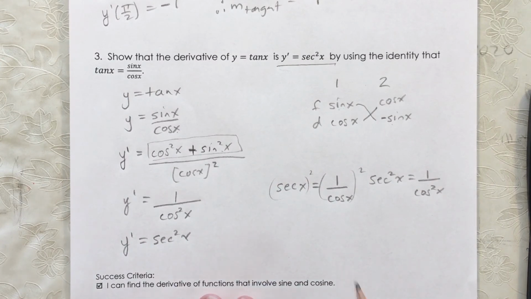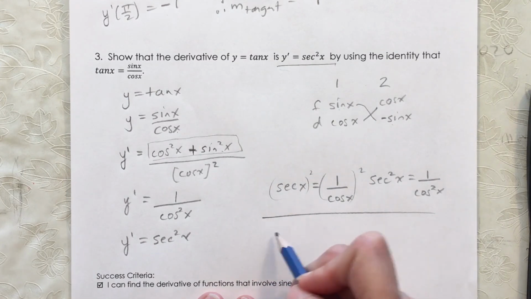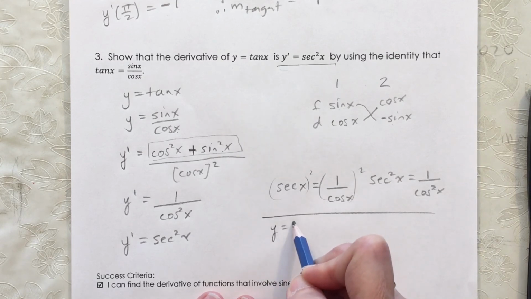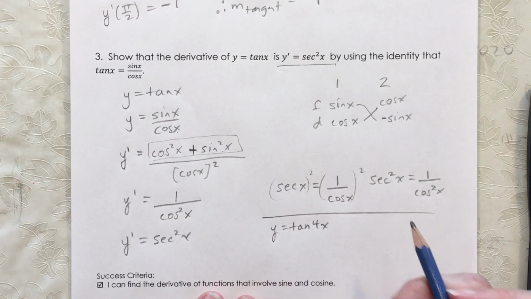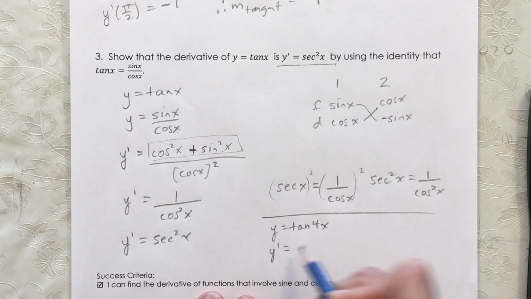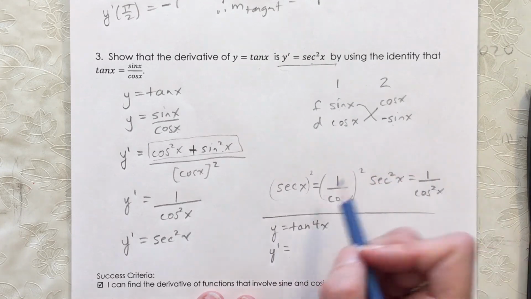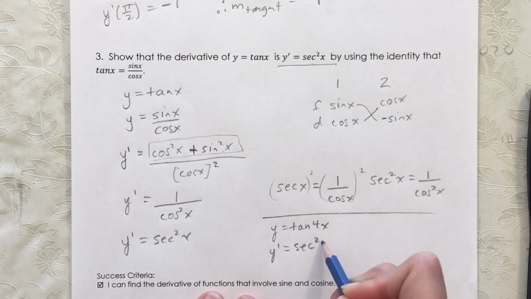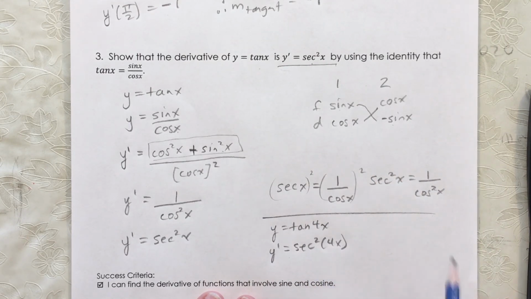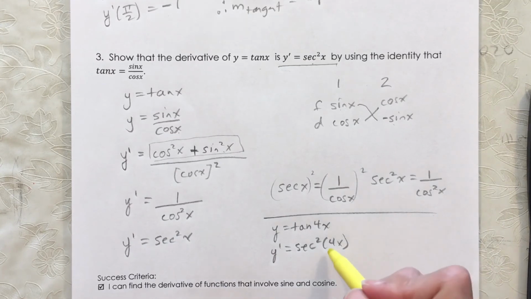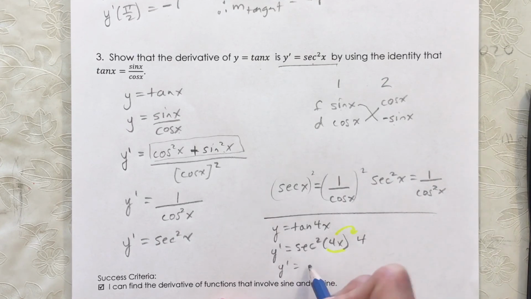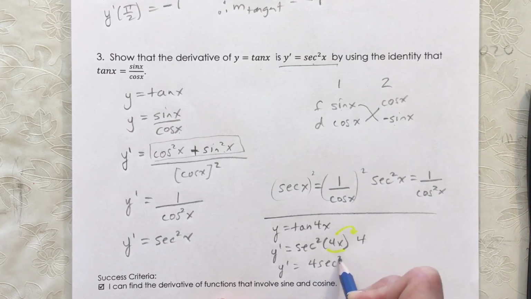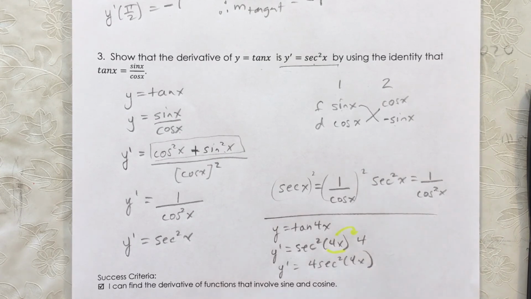So that means, like if you were given y equals the tan of 4x, say, and you wanted to find y prime, the derivative of tan is sec squared, so the sec squared of 4x, and then times the inner derivative of 4x, which is 4, so y prime would be 4 sec squared of 4x.